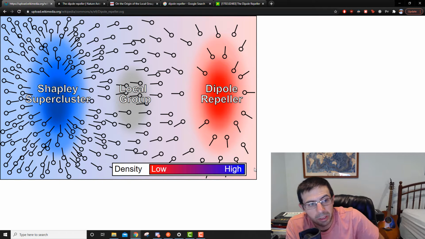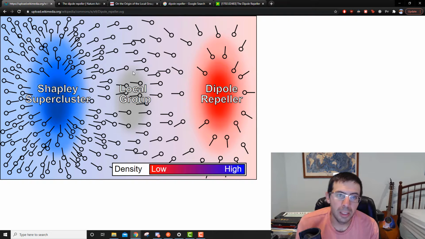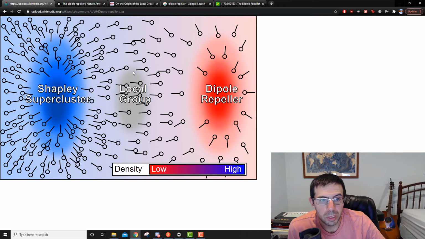And what's interesting is there's this region in space that's like a void, and it repels things. Well, we don't really see that, right? What we see is just gravity pulling.